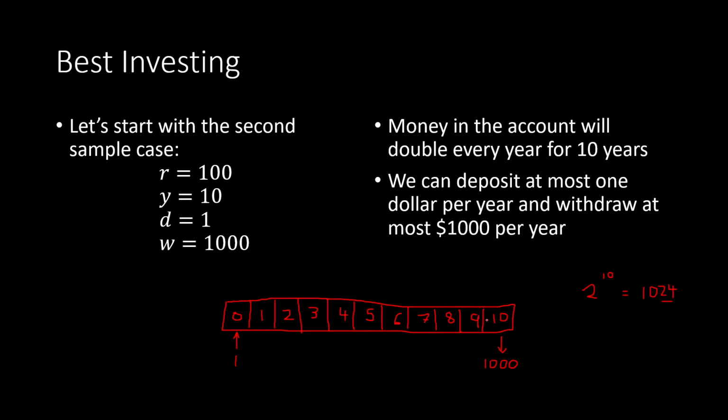So what do we do? We go back 1 year, and we're looking at, okay, after 9 years, how much can we withdraw? Well, if we have these $24 that we would have withdrawn after year 10 if we could have, we go back 1 year and we divide by 2 because we're undoing one of these doublings, and we have 12 left over, which means that we have $12 that we can withdraw from this $1.